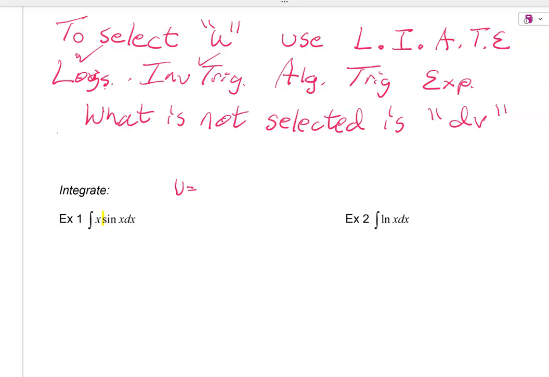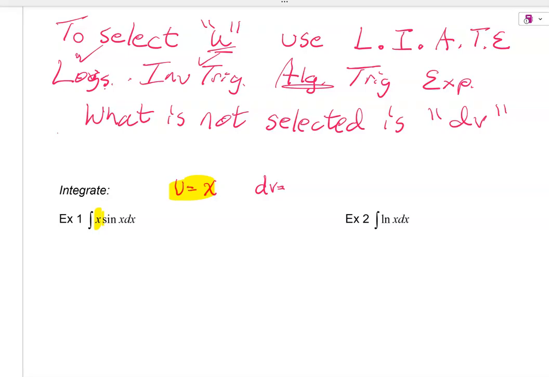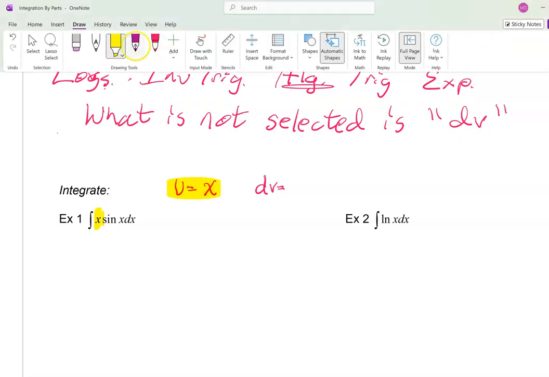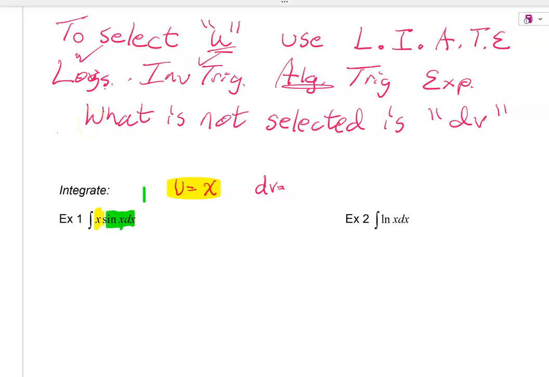No, I don't have inverse trig. Do I have something algebraic? Yes. That's x. Now, you could say, okay, so now I've got my u. Well, guess what? That means that there was something that was not selected. So imagine that the u was over here in yellow. What didn't you select? Well, what you didn't select was this sine of x with the dx.